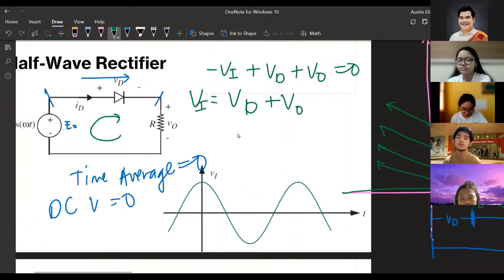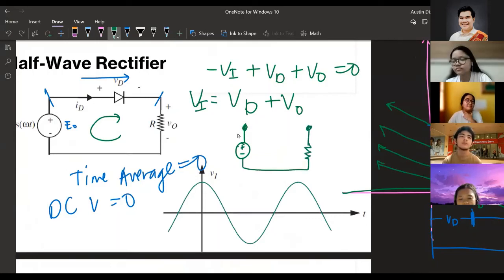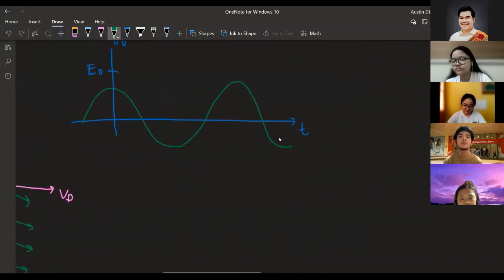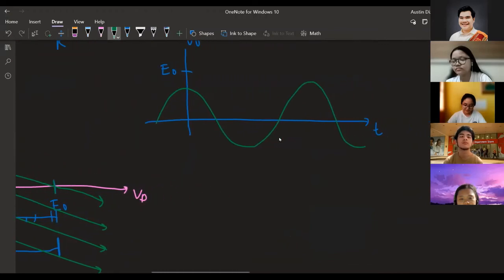Di ba, pag nag-open circuit na, ano itsura ng circuit natin? Ganito na. Therefore, nakakabit to sa puwet ng V0. Nakakabit siya sa puwet. So, this is ground. Pwede ka maglagay ng ground dyan. Ang mararamdaman mo dito, 0. So, pagdating niya dito, pag mamamatay na yung diode, mag-0 na lang din yung response niya.